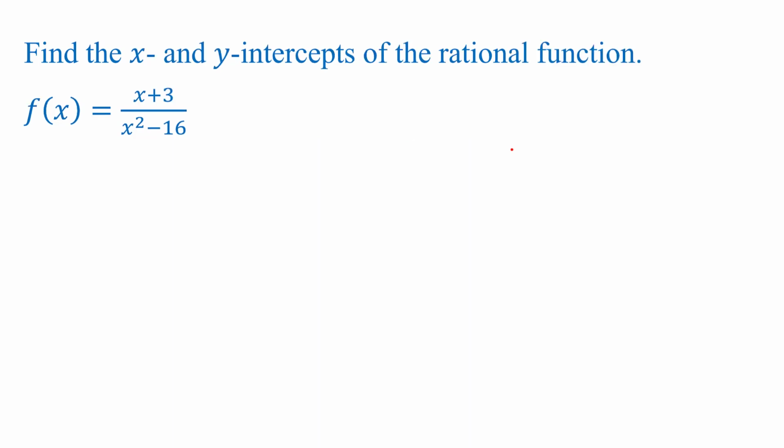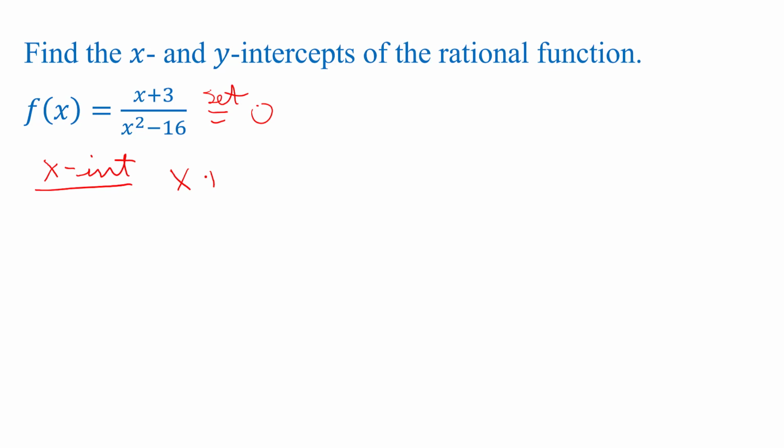Now we find the x and y intercepts of the function f of x equals (x plus 3) over (x squared minus 16). To find the x-intercepts, we're finding a value of x that I would get when the function is set equal to 0, when y is 0. The only way that fraction can equal 0 is if the numerator is equal to 0.